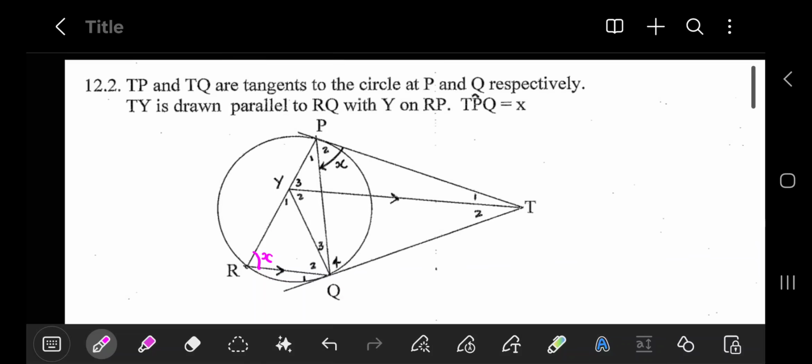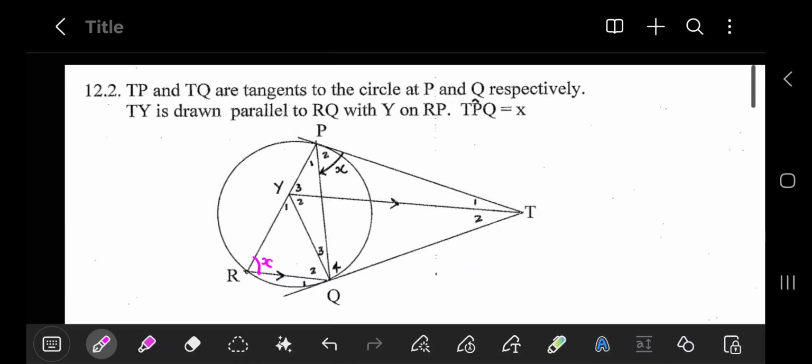So now that we know that angle R is X, I want to pay careful attention to the parallel lines. So here are our parallel lines, and I want you to focus on this F shape that it forms. And we know that the F shape means corresponding angles.